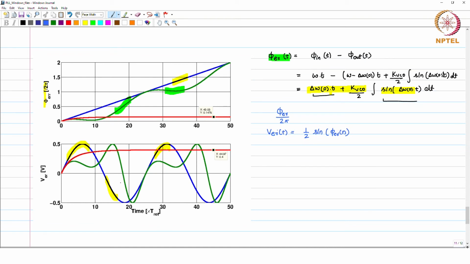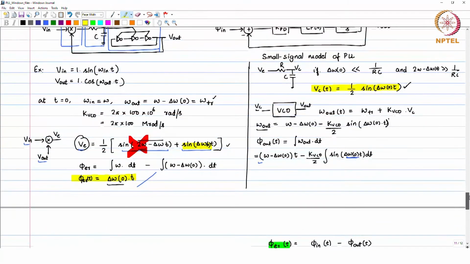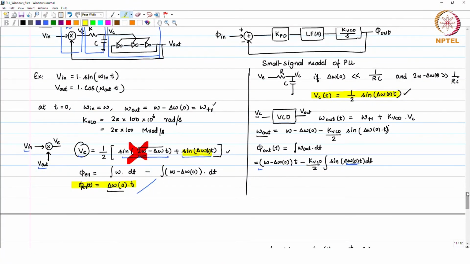So, in response to the phase error which is periodic in nature as shown here, I again plotted the error voltage which is shown by the green curve. So, all the things which I am plotting with respect to time are like treating different blocks of the PLL in parts.